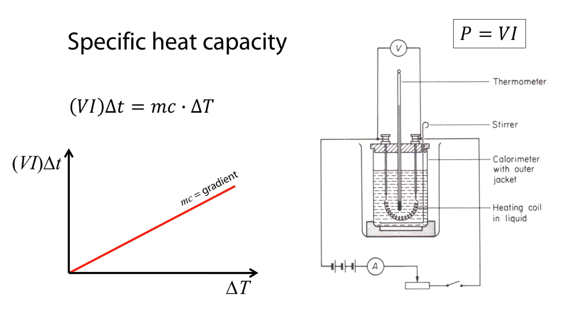And if we plot a graph of these two quantities, so V and I are constant, but over time, Δt, which changes, will produce us different values of big ΔT, different values of change in temperature, and the gradient of that graph will give us the mass of the water multiplied by the specific heat capacity. So if we calculate the gradient, we can divide that by the mass to give us the specific heat capacity.